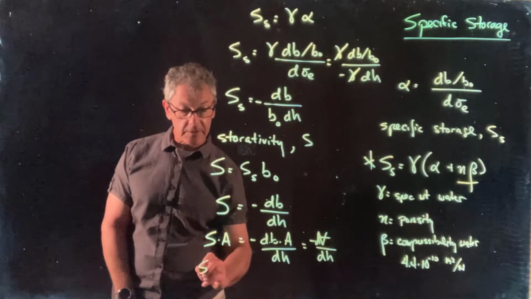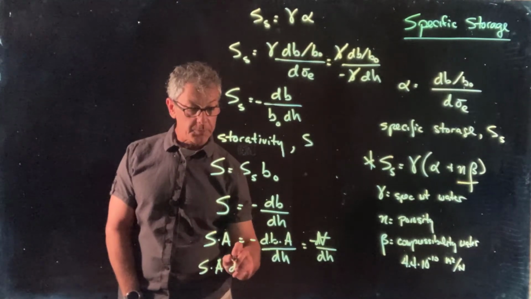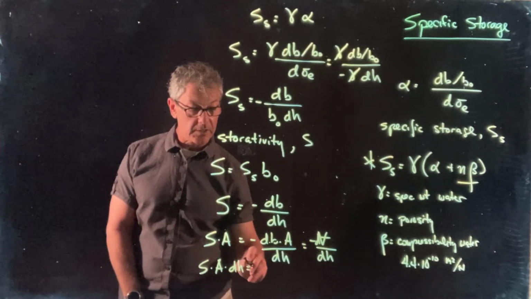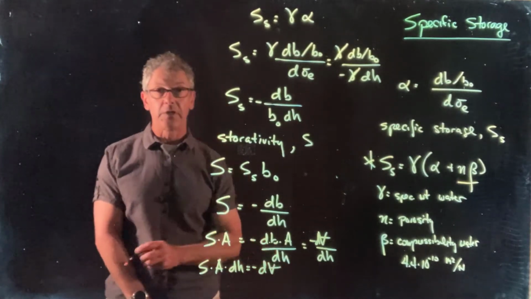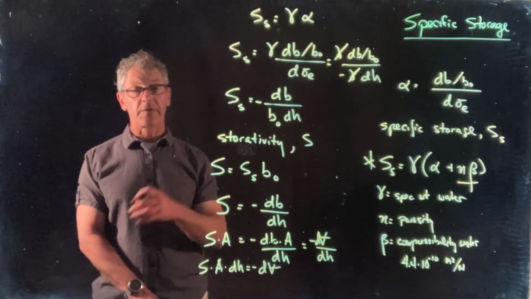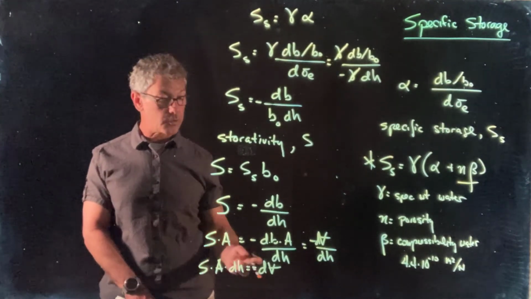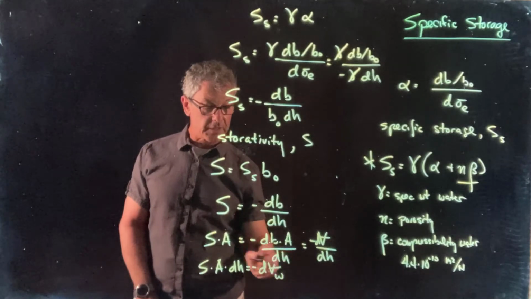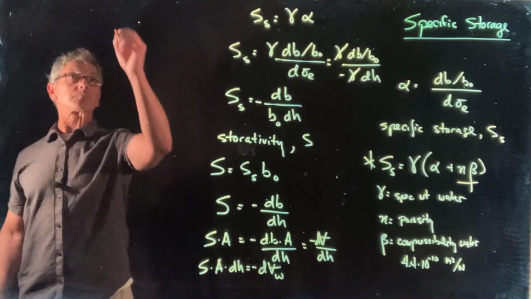And so if we take the storativity, multiply times the area, multiply times the change in head, what we find is that's going to be the change in the volume of the aquifer. And when we compress the volume of the aquifer, it's going to have to produce the same amount of water out of the pore space, and we'll say that's V sub W. So I'll write that again.